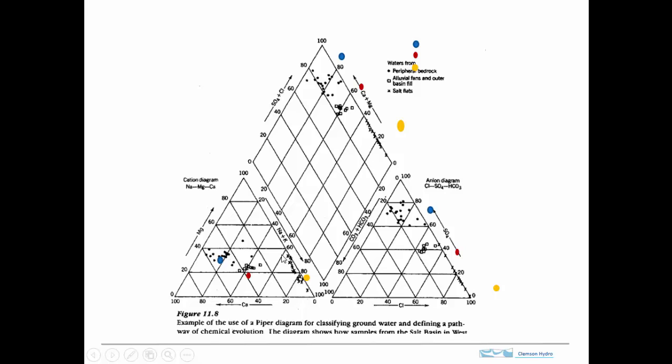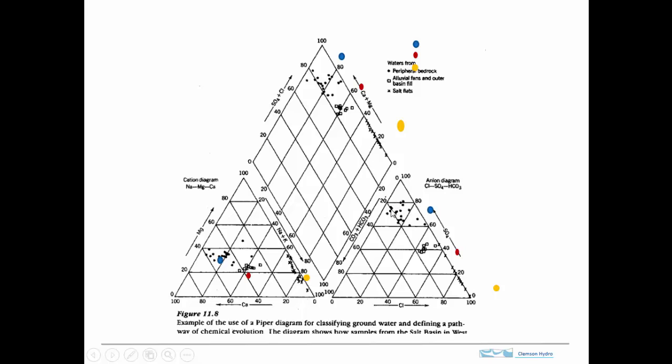And then you go here to the salt flats, and the salt flats are high in sodium and potassium. And so here we see that progression of change from low sodium to high sodium as we go in that direction. And here we're going in this direction, and this is a decrease in sulfate. Here's the chlorides. So the chloride is increasing in that direction.